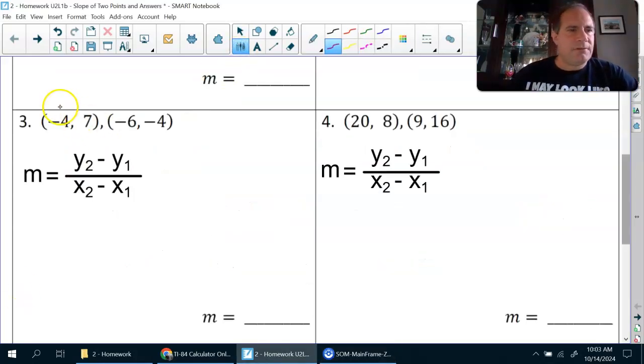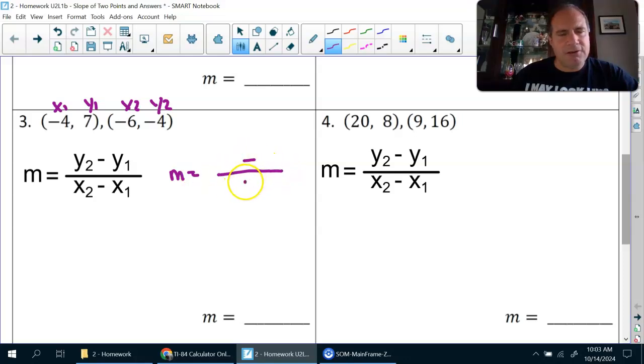All right, number 3, again, x1, y1, x2, y2. And then you're going to set up the formula, putting the fraction together and the two negatives. You have negative 4 minus 7. That is not a double negative right in a row, but x2, negative 6, minus a negative 4 becomes a double negative and it becomes a plus.